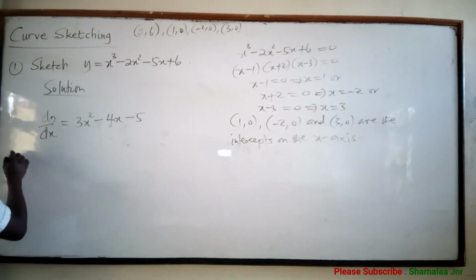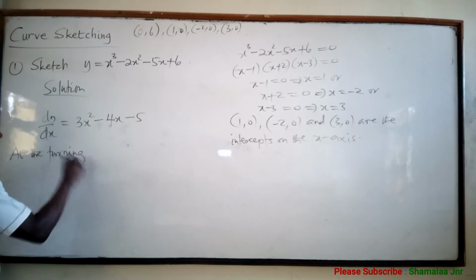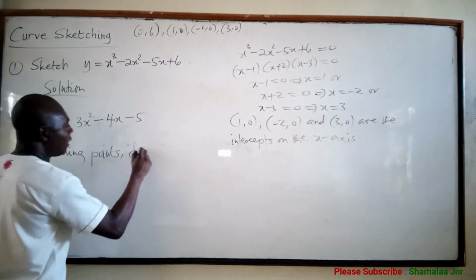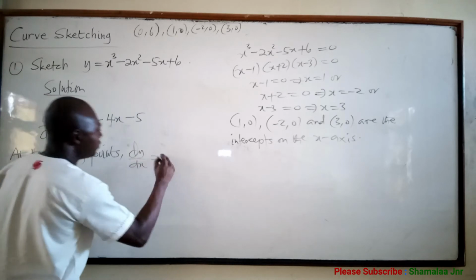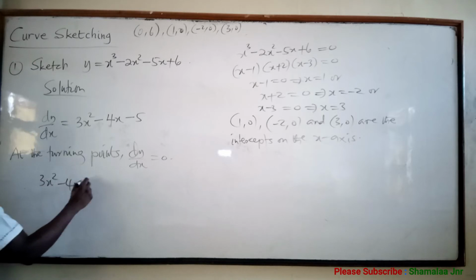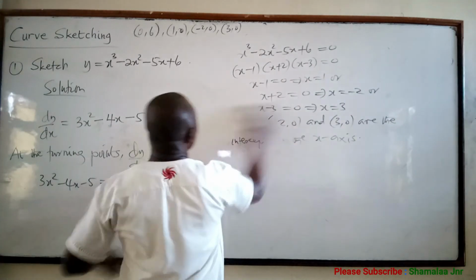And they are saying that at the turning points, dy dx is equal to 0. What this means is that 3x squared minus 4x minus 5 should be equal to 0. So let me clean this side.